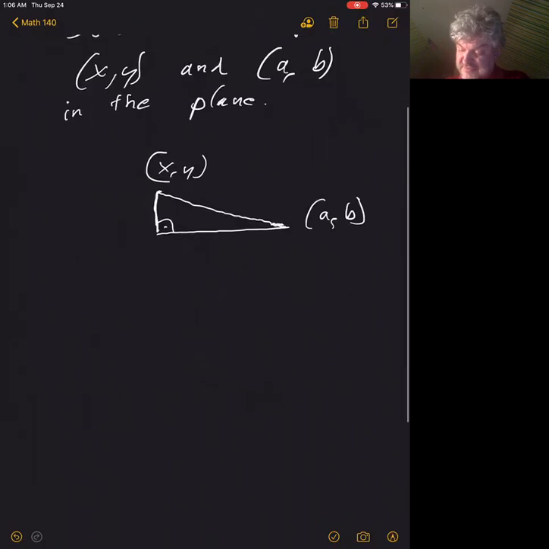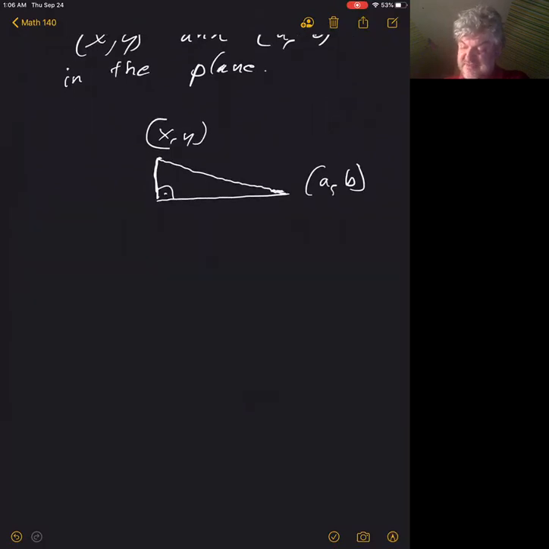And with the coordinates that we have for these two endpoints of the line segment, we can calculate the length of the legs of the right triangle. And the length of the horizontal leg is the absolute value of x minus a.